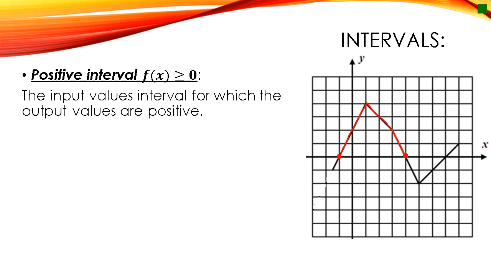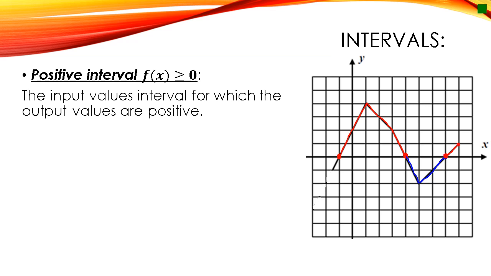Now, after x equals 4, you will see that as the x values increase, the y values are negative until we reach the third zero of the function. And now, at x equals 7, the y value is 0, and after that, as the x values increase, the y values are positive.